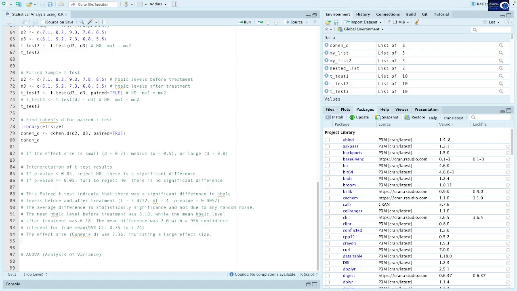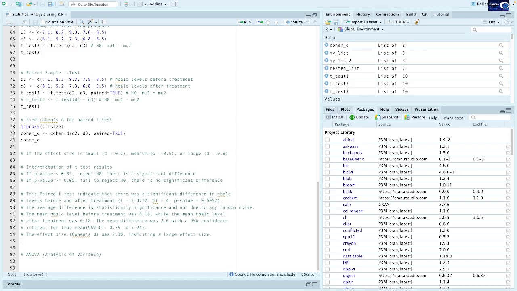Those kinds of things we can check with the chi-square test for homogeneity. The more commonly used test is the chi-square test for independence.